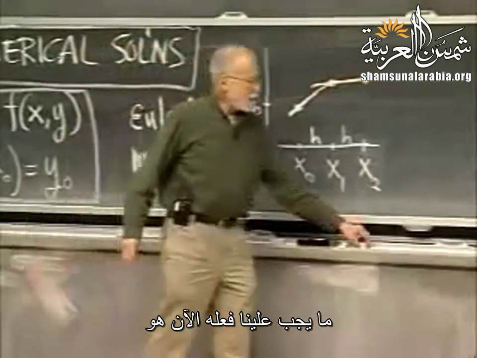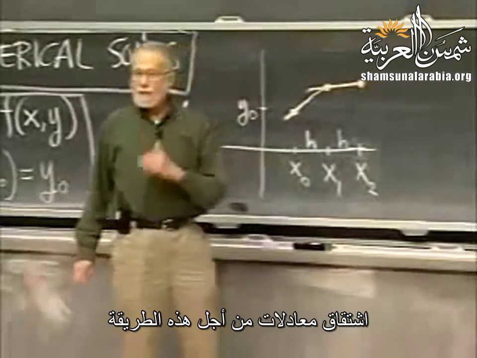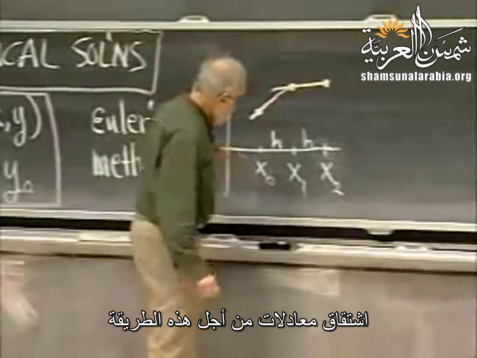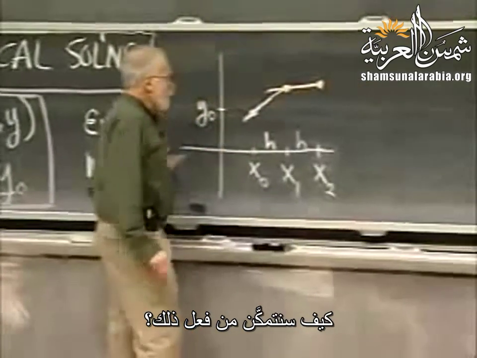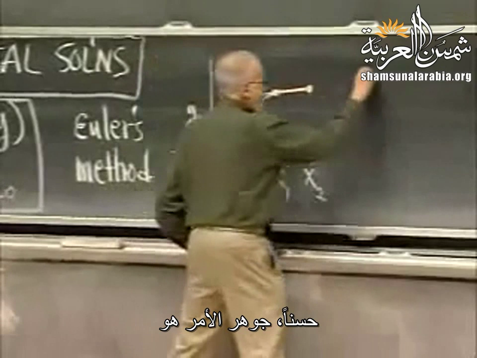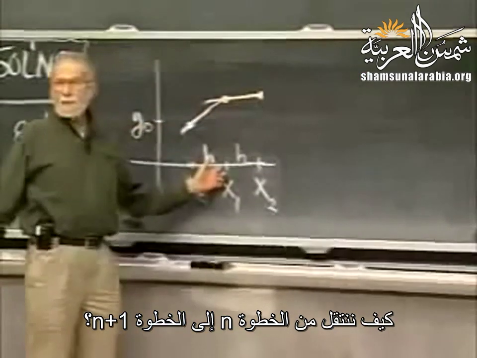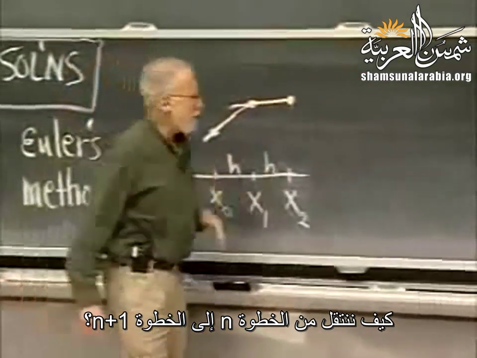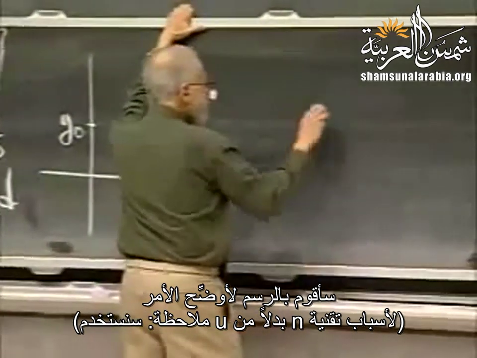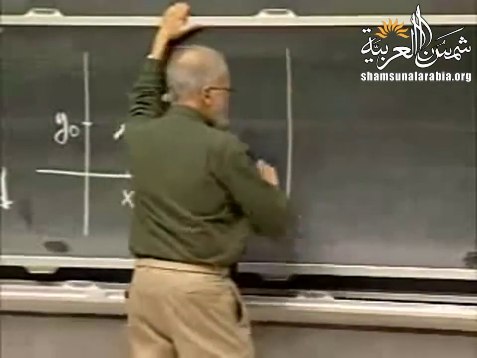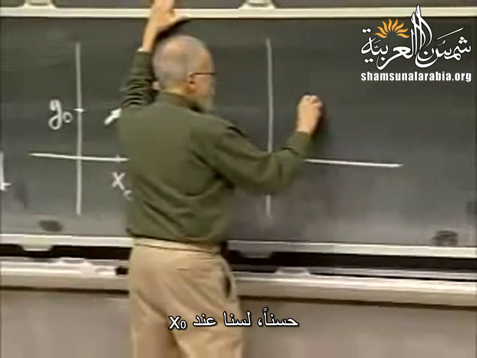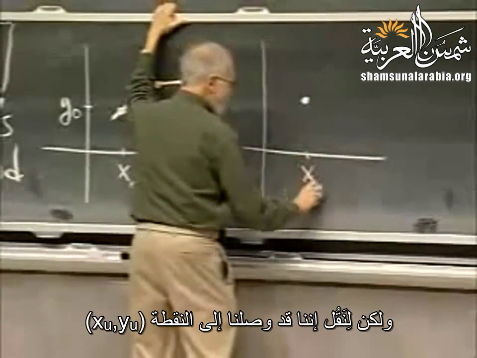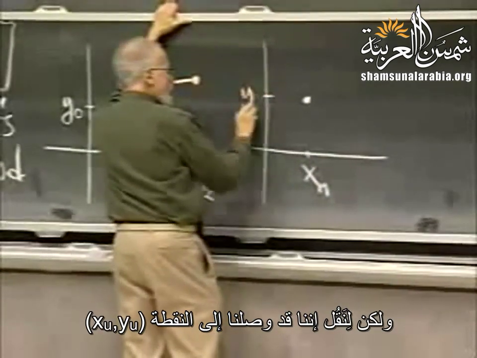What we have to do now is derive the equations for the method. Now, how are we going to do that? Well, the essence of it is how to get from the nth step to the n plus first step. So I'm going to draw a picture just to illustrate that. Now we're not at x0, but let's say we've already gotten to xn, yn.